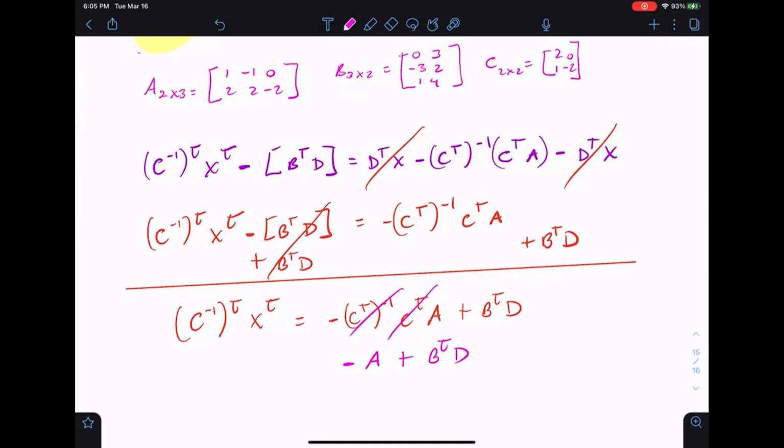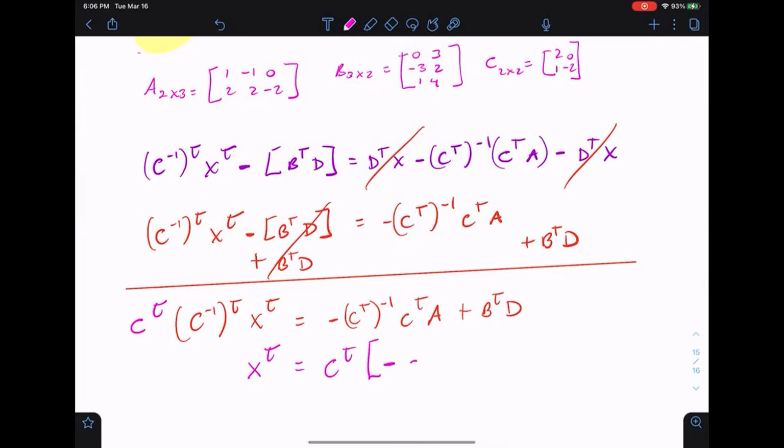Okay. So if we want to cancel this C inverse transpose, we can multiply by C transpose. And if I multiply on the left, I have to multiply on the left here, right? That's what's happening here. Let me go back one step, so I don't confuse you. So I said that those two, they will cancel, right? Let's do this computation first here. So these two, they cancel. So you have X transpose now on the left side, and then we have C transpose that is multiplying all these things, right?